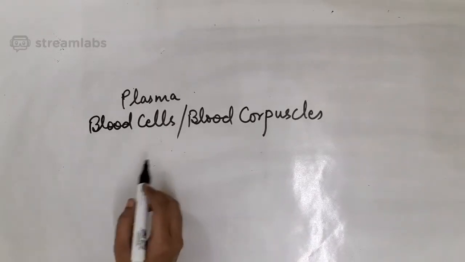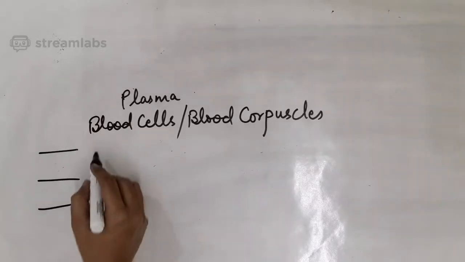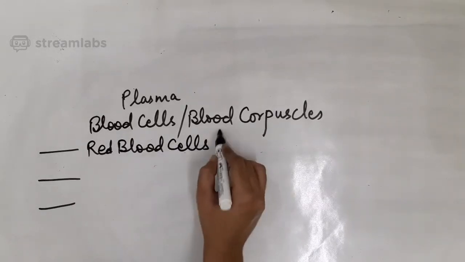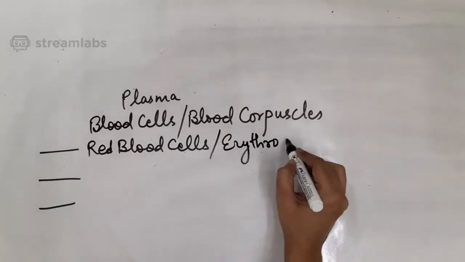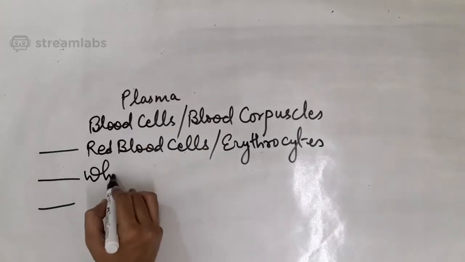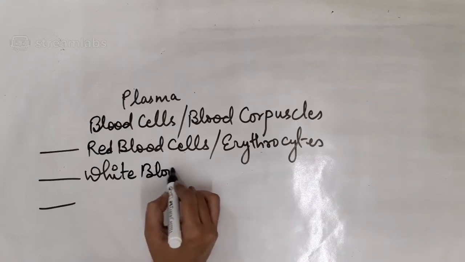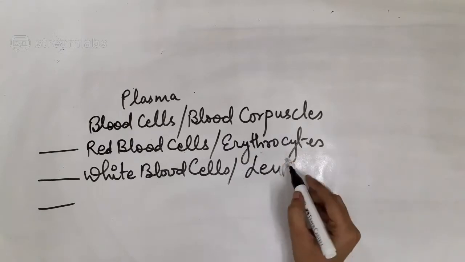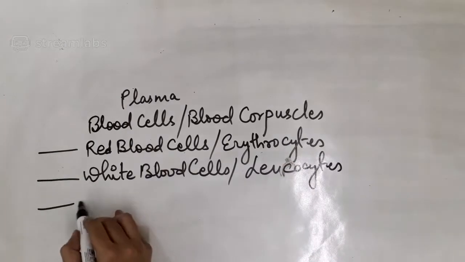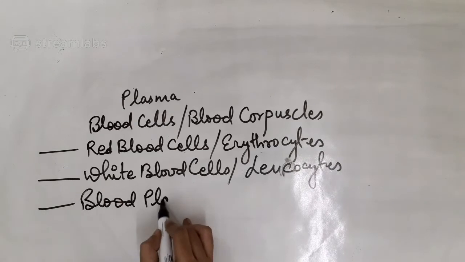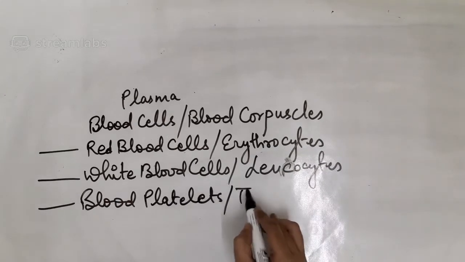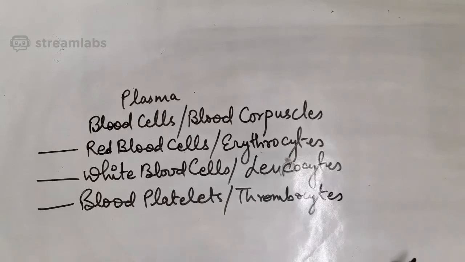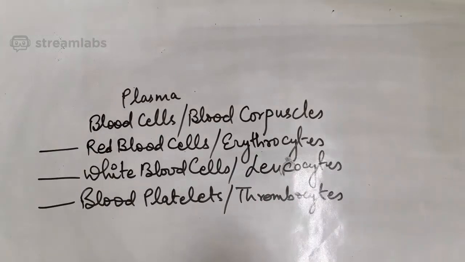And blood cells are of three types: the red blood cells, also called erythrocytes, the white blood cells, also termed leukocytes, and the blood platelets, known as thrombocytes. Cytes means cells.